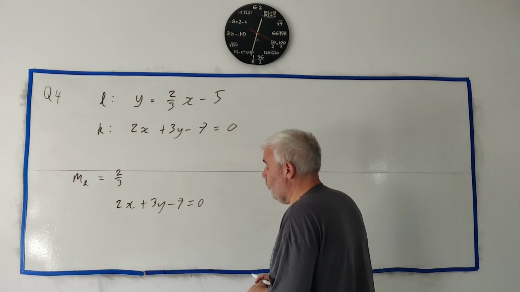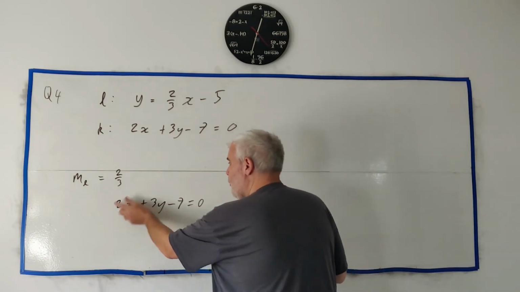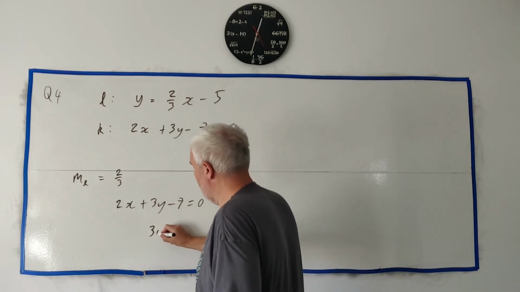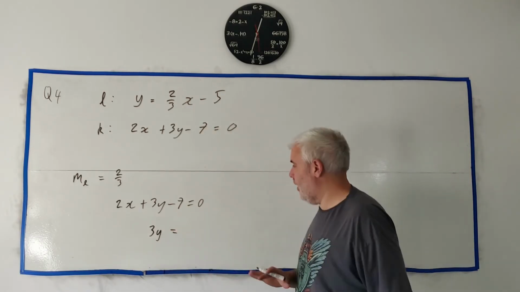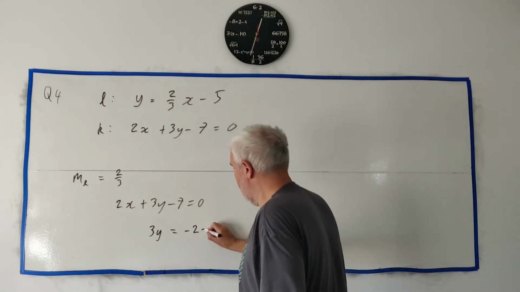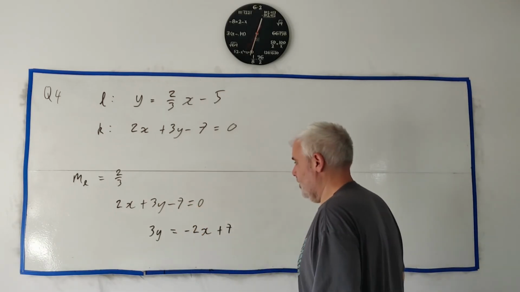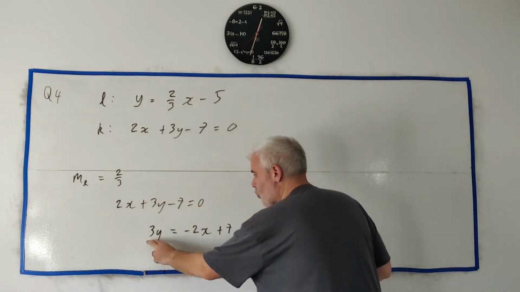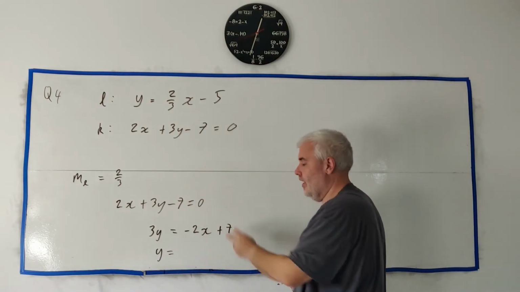Okay, what needs to be moved for y to be on its own? Let's move 7 over and move 2x over. So we leave 3y where it is. We'll deal with 3 later. The 2x becomes a minus 2x. The minus 7 becomes a plus 7. Next, let's move this 3 over. It's a little more complicated to move the 3, especially to make it look like this.